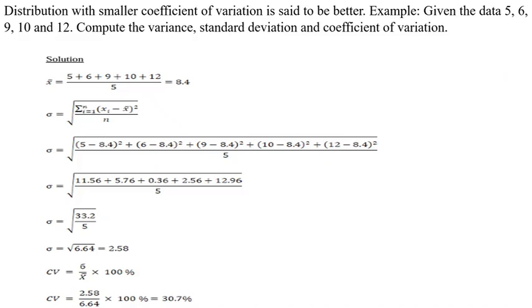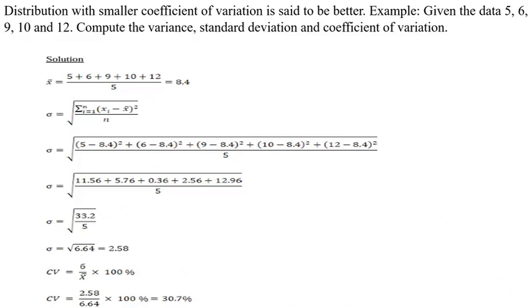Then we use the formula for sigma, which is summation, i ranges from 1 to n, xi minus x bar all squared, all over n. So for each sample, that is 5 minus 8.4 all squared, plus 6 minus 8.4 squared, plus 9 minus 8.4 squared, and we do the rest.